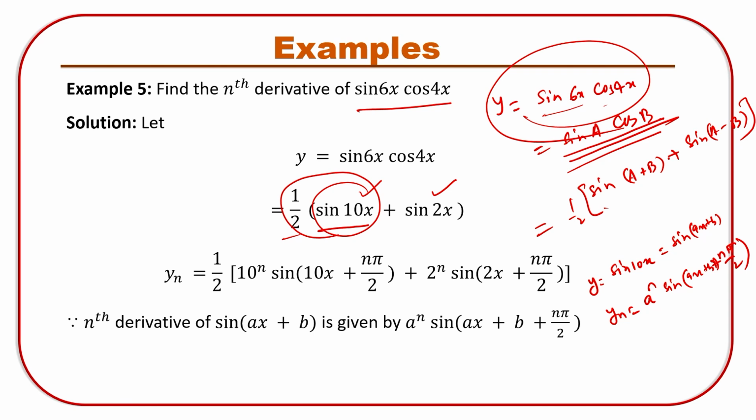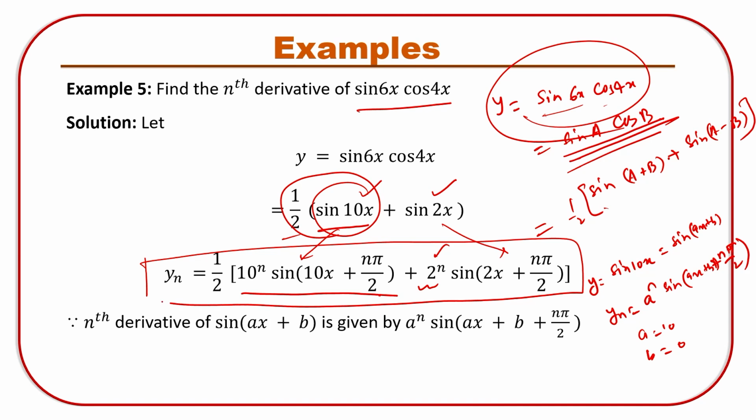That was the answer. So, here a is equal to 10, b equal to 0. Use this formula. So, this will come out to half of 10 to the power n sin (10x plus n pi by 2). Similarly, here you will find 2 to the power n into sin (2x plus n pi by 2), and that will be your nth derivative of that function, right.